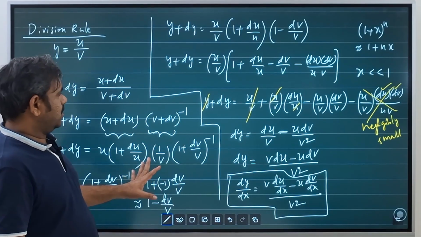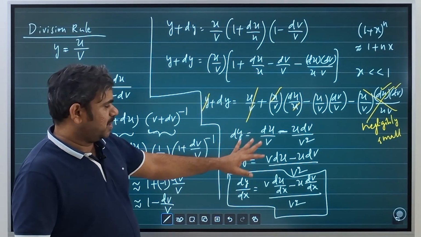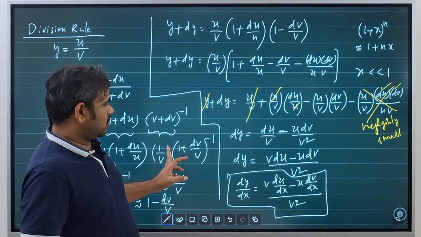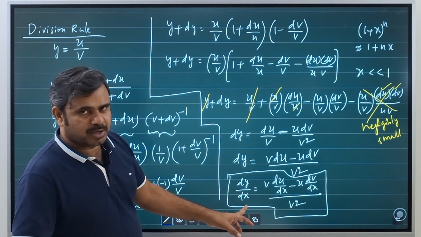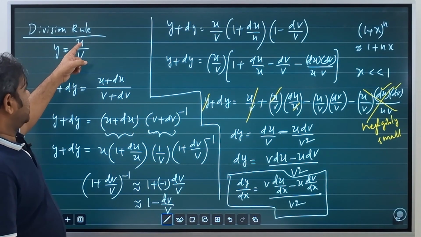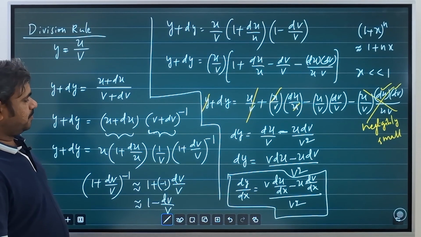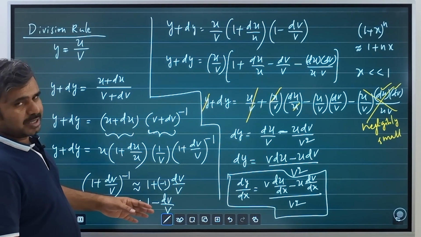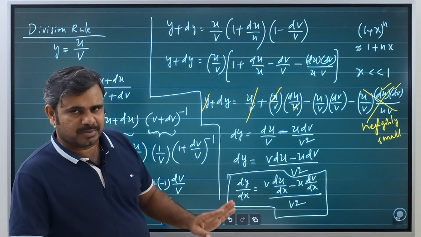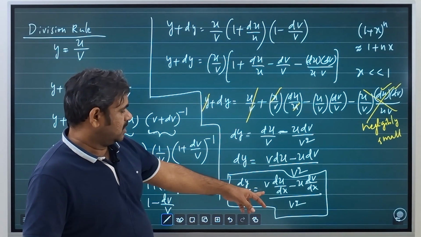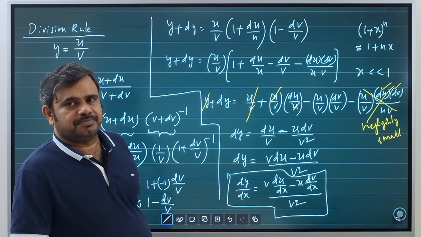We have not done anything from our memory. So following the mathematical logic, we derived the expression for dy by dx if y is ratio of two functions. Similarly, even in the multiplication rule, even in the division rule, we followed that mathematical logic to come to these types of conclusions.